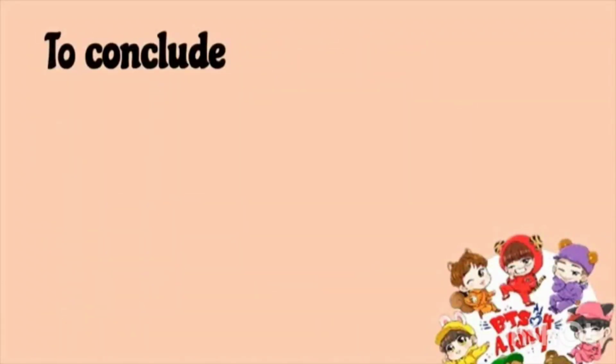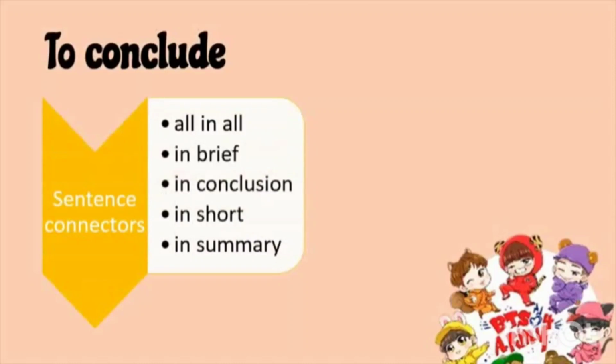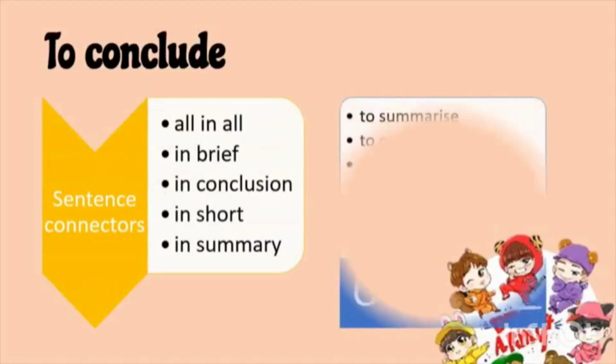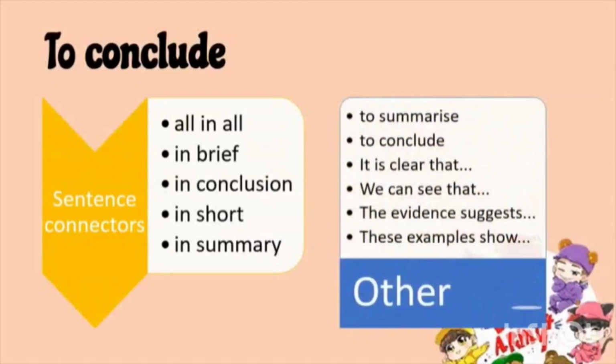To conclude, connectors are all in all, in brief, in conclusion, in short, in summary. To summarize, to conclude, it is clear that, we can see that, the evidence suggests, these examples show.